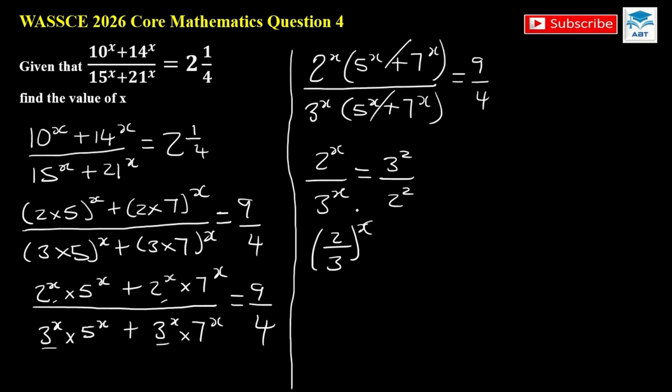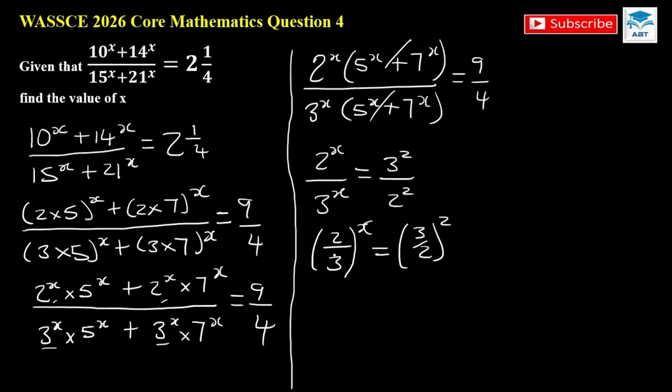The exponent can be given to all of them in one bracket. And this can also be written as (3 over 2) all exponent 2.